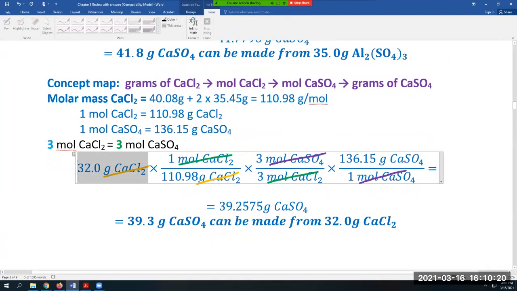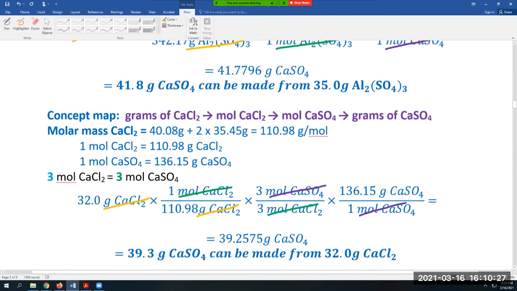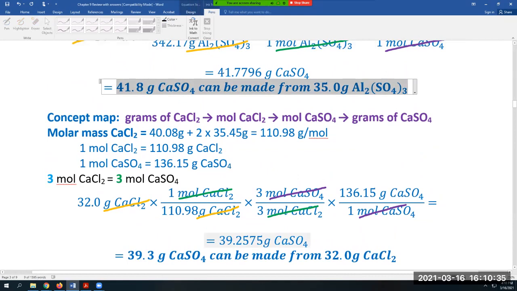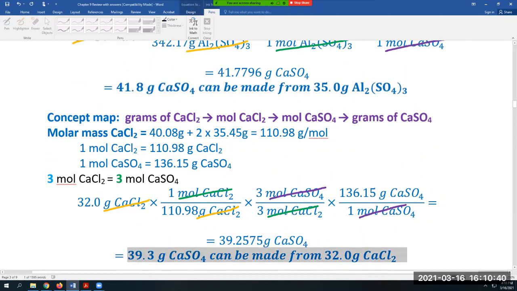So now we have the 2 amounts that can be made from each reactant separately. And now we can compare them. So we have the 41.8 grams of calcium sulfate from the aluminum sulfate, but only 39.3 grams of calcium sulfate from the 32 grams of calcium chloride. So what it tells you is that the smaller amount of product that can be made is from CaCl2.